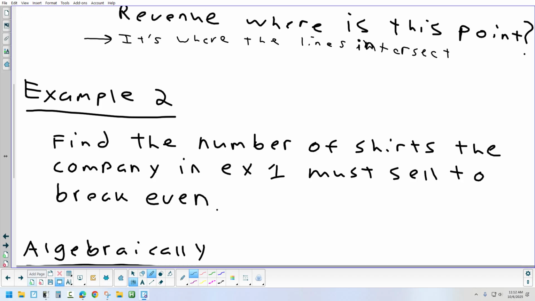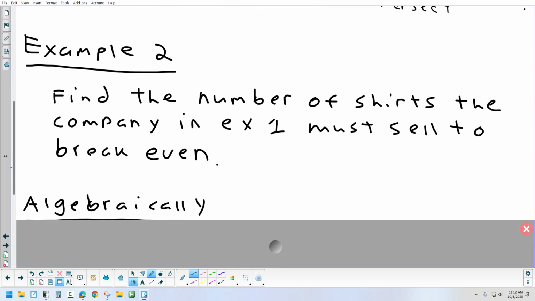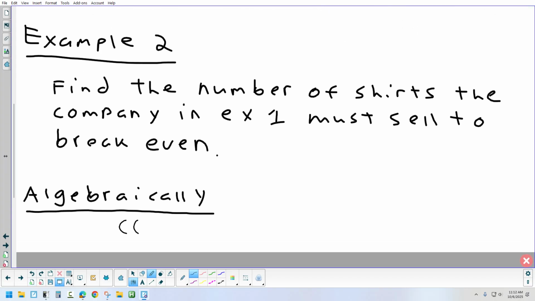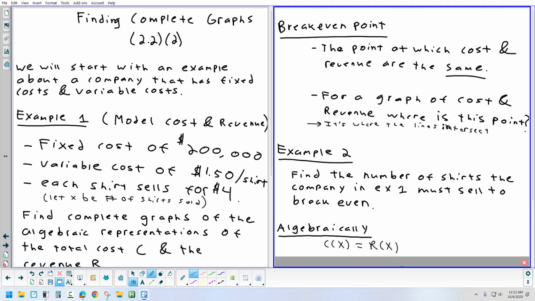And how would you write it using the word equals? It's where the cost and the revenue are equal. It's where cost equals revenue. So to solve it algebraically, we just have to look up the two formulas that we figured out and fill them in where we have cost and revenue.